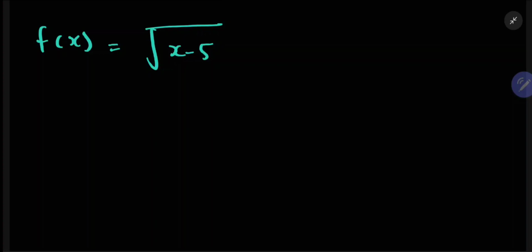For the square root function, we want numbers for x that would give us a root of from 0 and above, because the square root of 0 is 0, of 1 is 1. So we want something that would give us this and above.